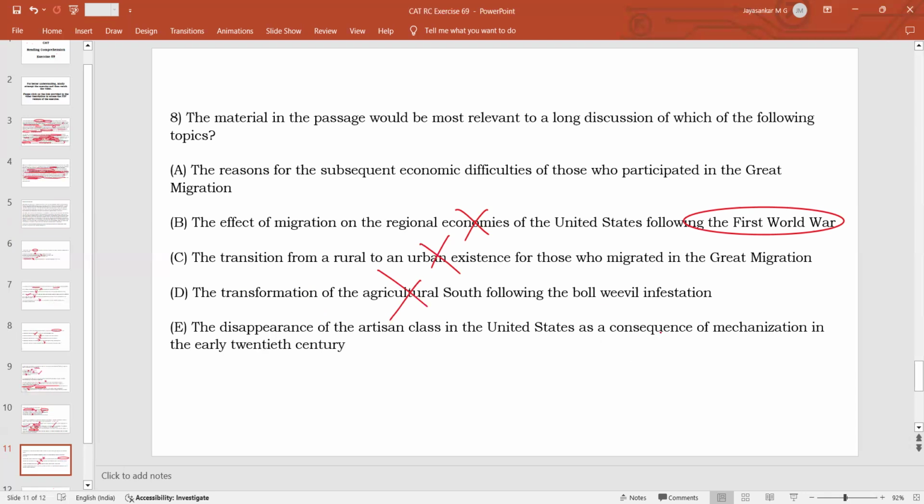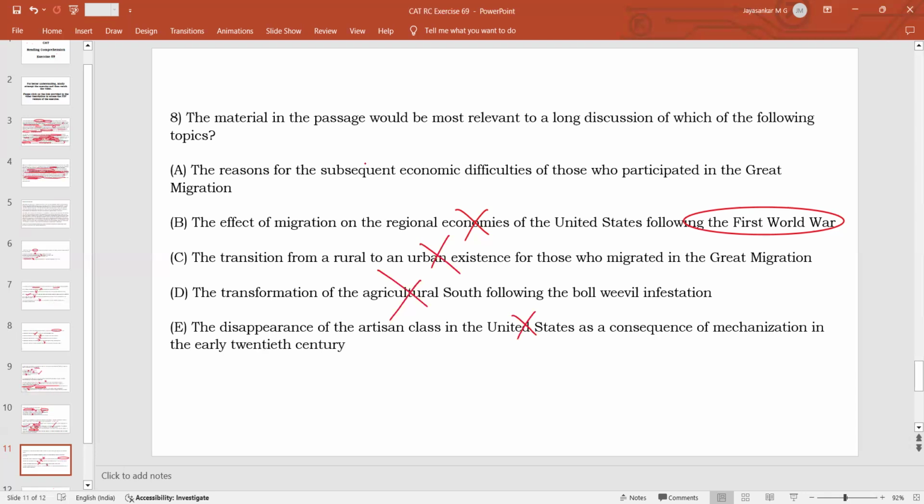Same thing. It is only a supplementary idea that is giving you the reasons for the skilled workers from the south migrating to the north. The passage does not have enough subject or points to have a discussion on the disappearance of the artisan class due to mechanization. So wrong.